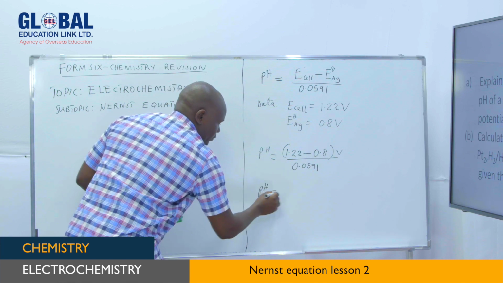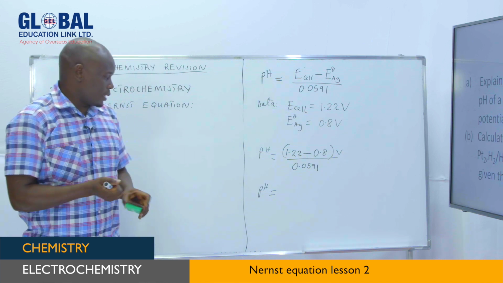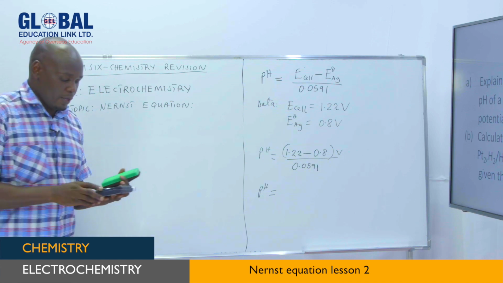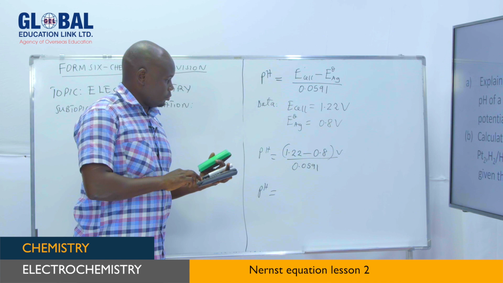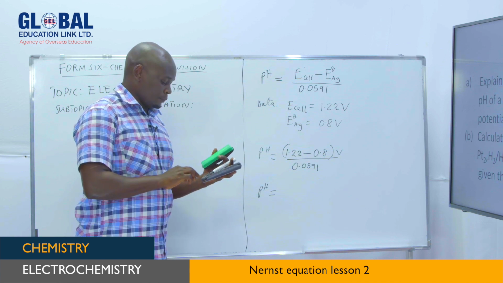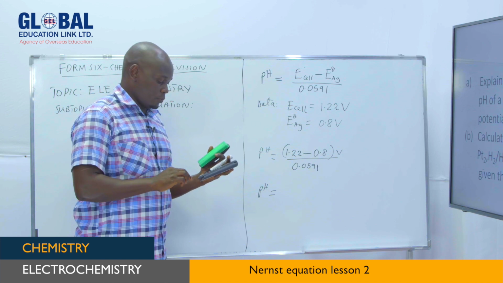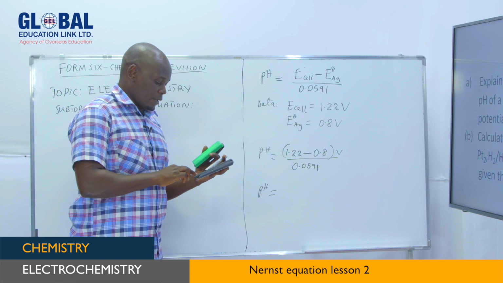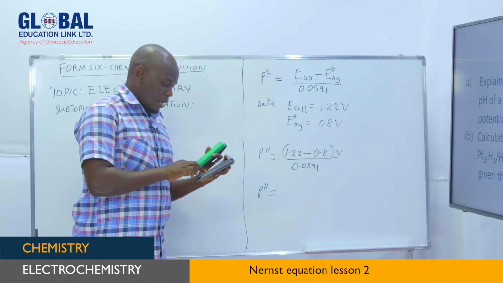Take your calculator now, my dear students, and feed this data into your calculator so that you can prove if you have the same answer as my answer: 1.22 minus 0.8, which is equal to 0.42, and divide it by 0.059.